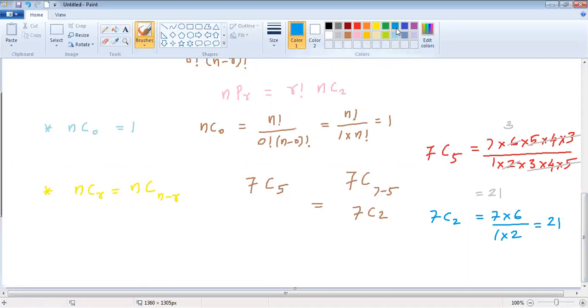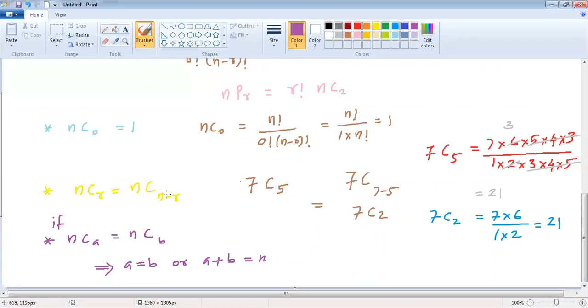So इसमें से और एक important property आपको मिलते हैं. NCA and NCB. If they are equal, if NCA is equal to NCB, number of combination of n objects taken A at a time, and number of combination of n objects taken B at a time, if they are equal, that implies A का option either A and B should be equal, or दूसरा option A plus B should be n.